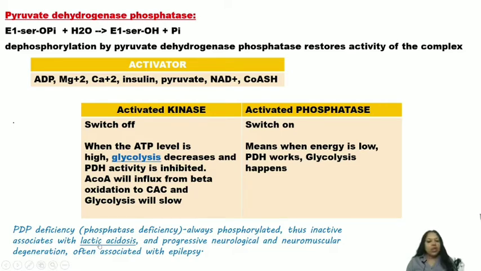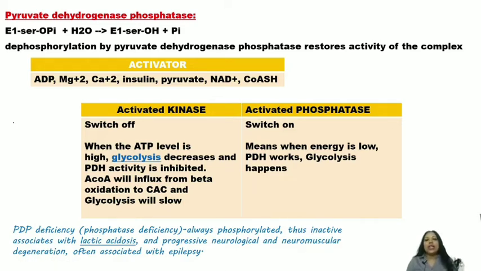The cell will not undergo formation of acetyl coenzyme A, and if you remember in the previous lecture where I discussed the fate of pyruvate, I told you that in anaerobic condition, pyruvate can undergo formation of lactic acid. So, if PDP is deficient, pyruvate cannot undergo formation of acetyl coenzyme A, but we need glycolysis to happen.